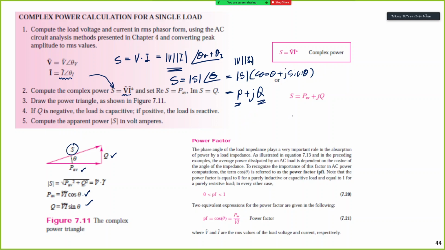Usually we use I in conjugate form. So S is equal to V times I conjugate to represent the correct direction of reactive power. And we call this the complex power triangle.